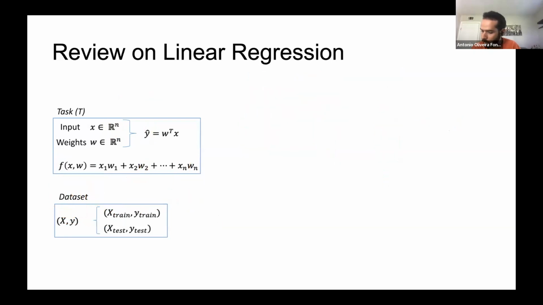Let me delete all this stuff. If you guys remember, we had defined learning algorithms as being a task, where the task could be anything, including a regression problem.